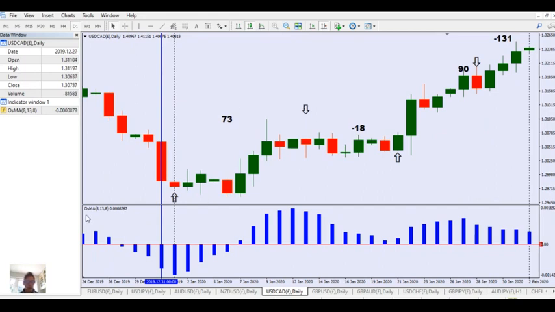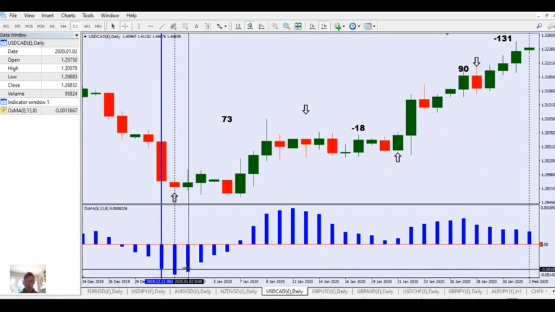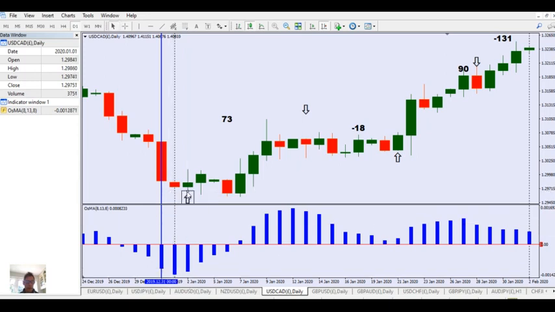I've got an OsMA 8,13,8, and basically what we do here is when the OsMA turns to the upside, which it's done here, actually I'll put that arrow there. You can see here that the OsMA has turned to the upside.